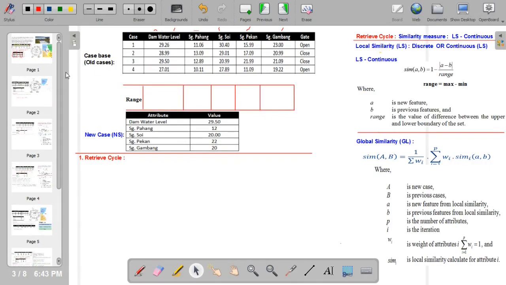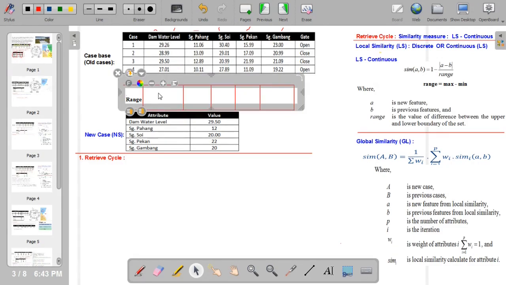So I draw a table here, then I find this is attribute 1, right? It's called dam water level, right? So I have to identify the minimum value and the maximum value for the dam water level attribute in all old cases.